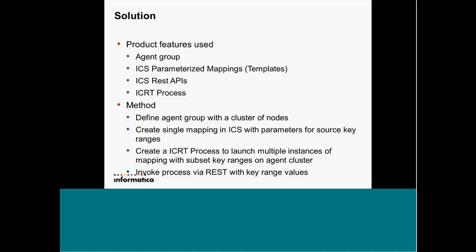And then we created an ICRT process to launch multiple instances of this particular mapping with specific key ranges on the agent cluster. The other requirement here, in the beginning, was that it is an elastic cluster, so you couldn't really hard code any specific key ranges. Okay, so they'll be able to add any number of nodes as needed, and the solution should work as is without changes. Okay, so that's something that we had to take into consideration.